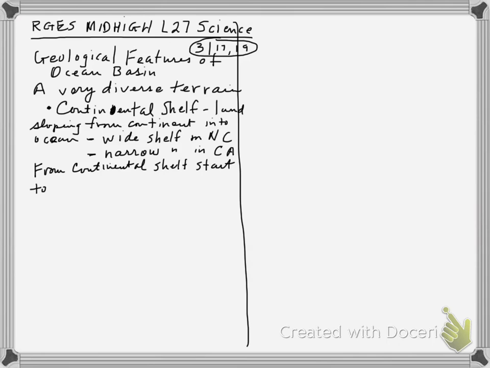It's a narrow distance on the west coast, California, and a very wide distance on the east coast, but it will start at that point where the water's edge is, down to the ocean floor.